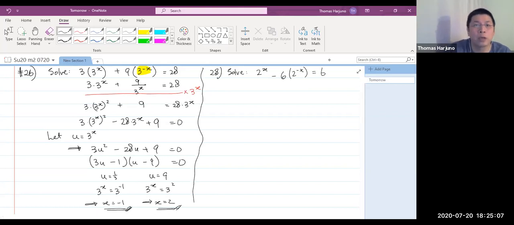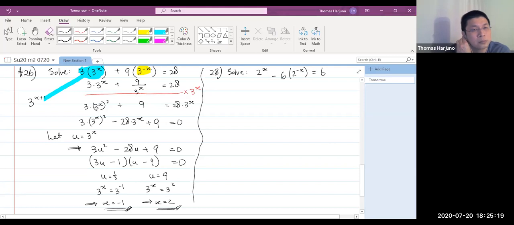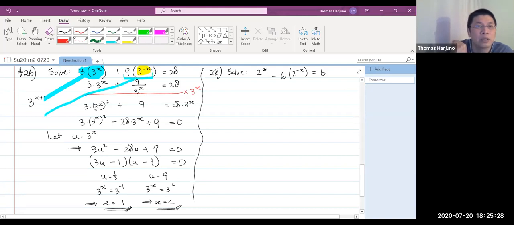Oh, by the way, before I forget, I want you to realize that this part here may be sneakily written as 3 to the x plus 1. And this part here may be sneakily written as 3 to the negative x plus 2.